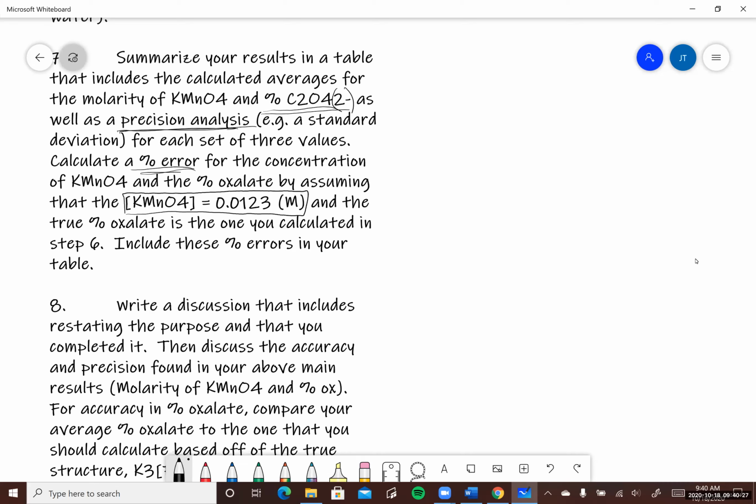So accuracy is how different your values are for the average concentration of permanganate, and how different your values are for the average percent oxalate as compared to the one you'd calculate with a true structure, and as compared to this concentration here that you're given as the true concentration for the percent error.